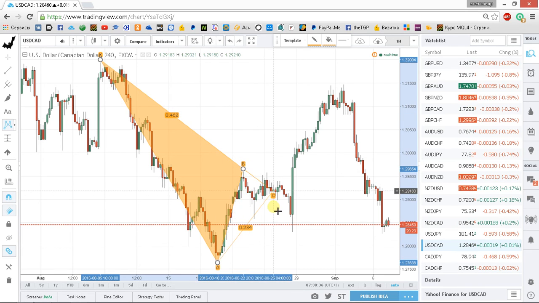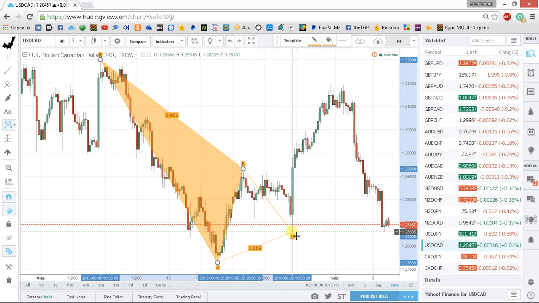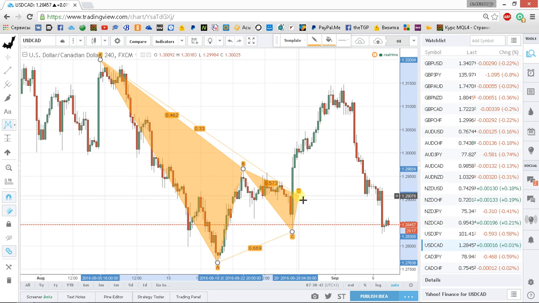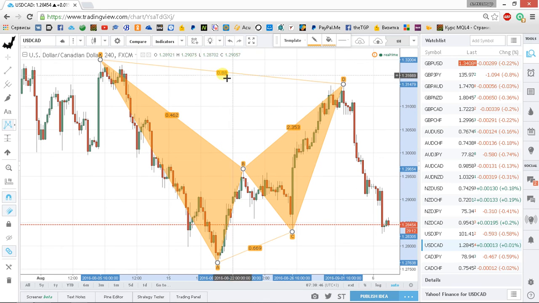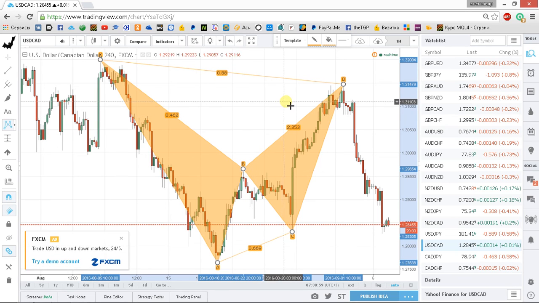C point stays within the range of 382 to 886. And if you place it here, you see the D point is 880. It didn't hit 886. It is 880.